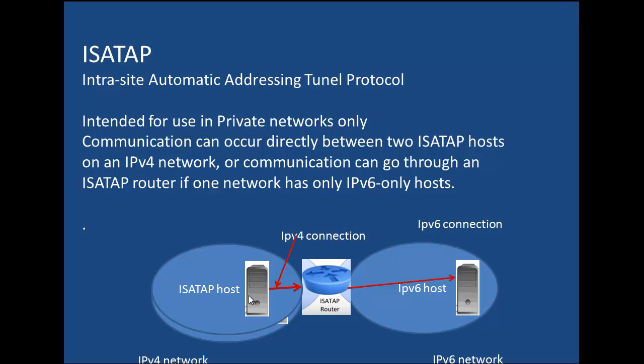We have the ISATAP host going through the ISATAP router, and we're using the IP4 connection to do that. And then that packet is received on the IP6 network using the IP6 connection. So ISATAP then is another transition technology that allows you to communicate with an IP6 host on an IP4 network.